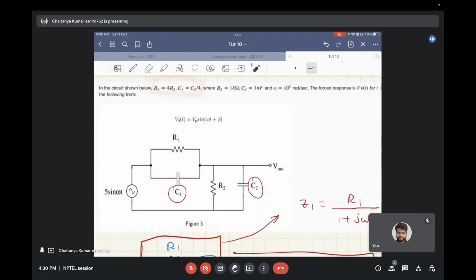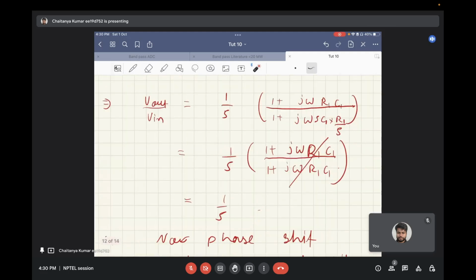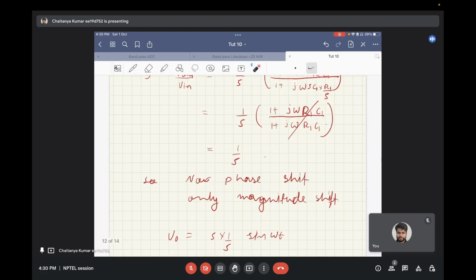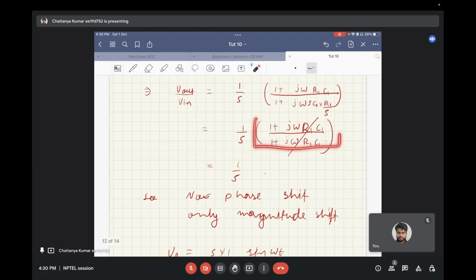It's mentioned that R1 is equal to 4R2 and C1 is equal to C2 by 4. If you put in the values, you get the transfer function 1 plus j omega R1 C1 divided by 1 plus j omega 5 C1 times R1 by 5. So these 5s are removed from numerator and denominator, and ultimately the pole and zero cancel each other, and you have an all pass system.